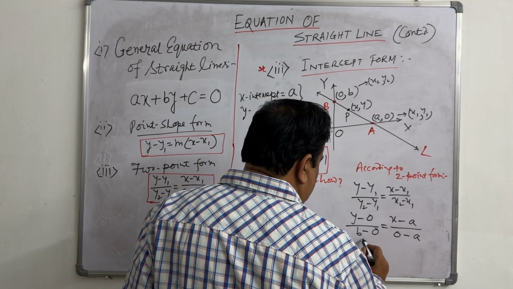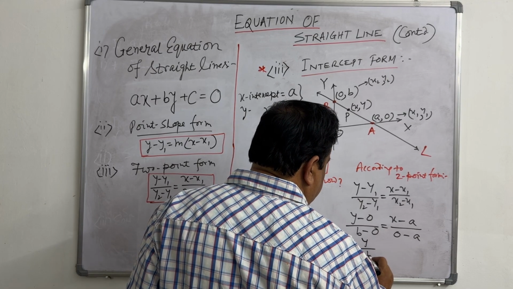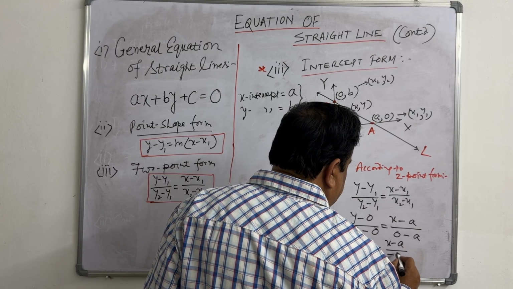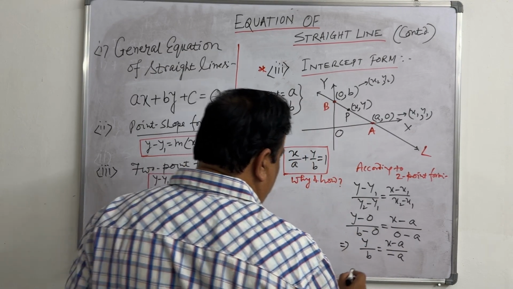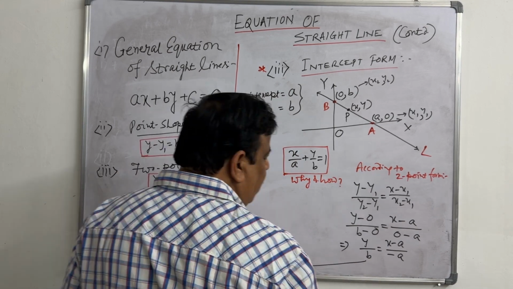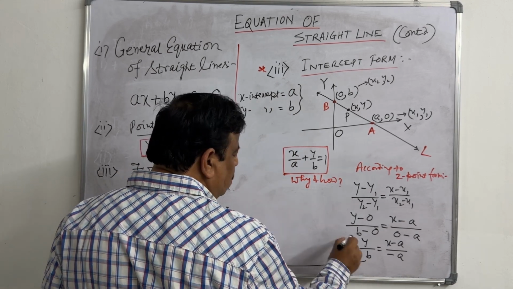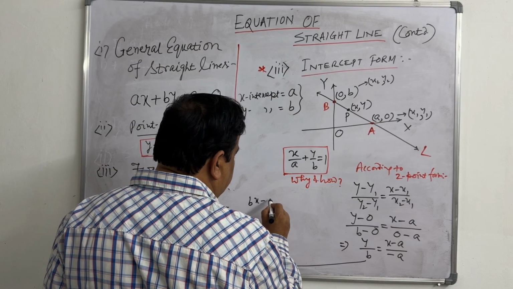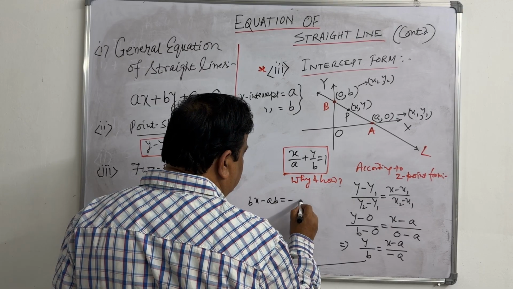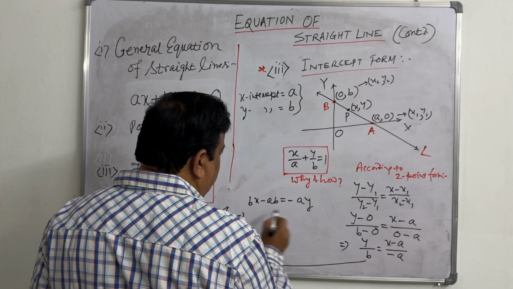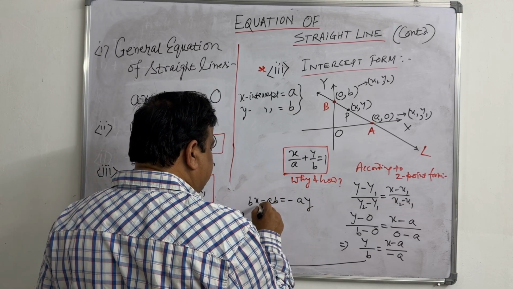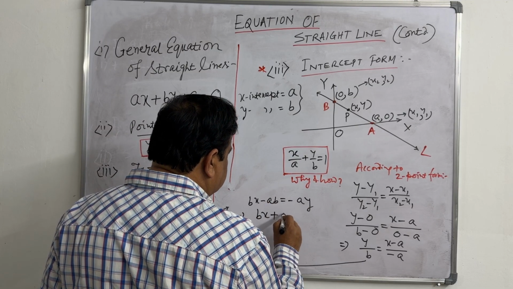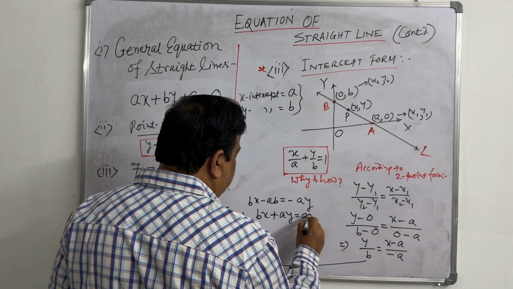So after simplification, what you are getting? That is y by b is equal to (x minus a) by minus a, right? So from here, if you cross multiply this, what will you get? That is bx minus ab is equal to minus ay. If you transfer ay to the left hand side and ab to the right hand side, you will get bx plus ay is equal to ab.